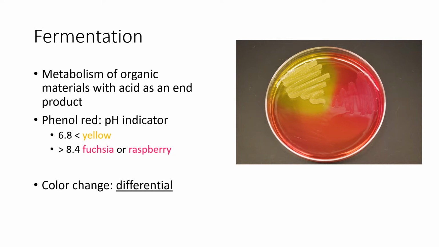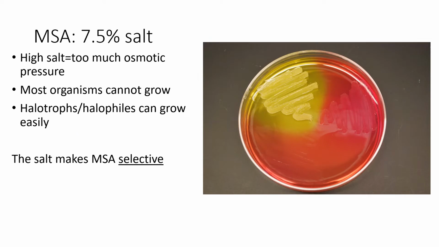Neither one of those products is acidic. And once you're out of sugars, what else is there to eat? Well, that would be the peptone. And the breakdown of peptone will give us an amine that is going to be something that is basic. And so I would see fuchsia or raspberry.